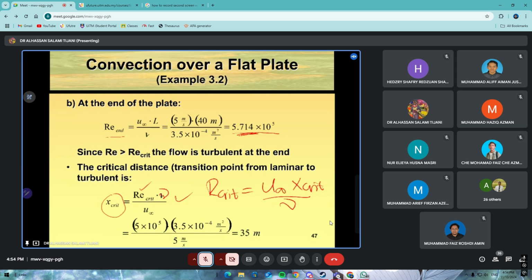So when you are asked to find the point where there is a transition from laminar to turbulent flow, it means they want you to find X critical. So X critical is 35.